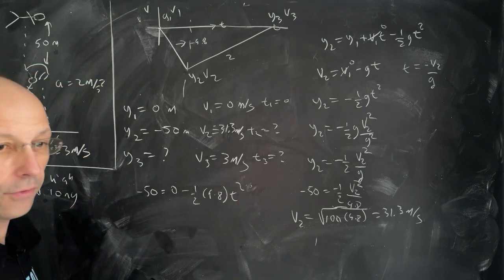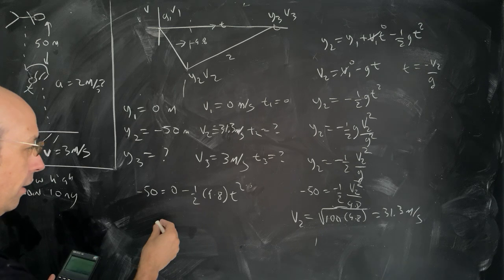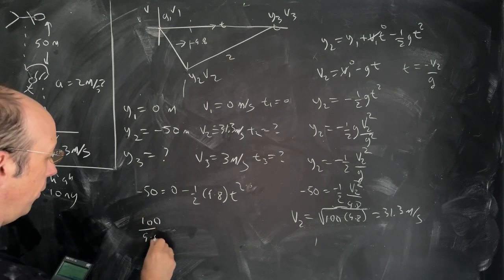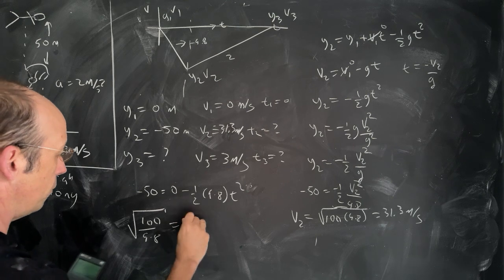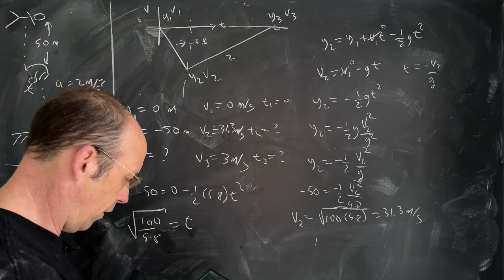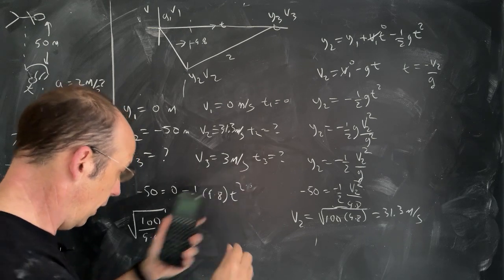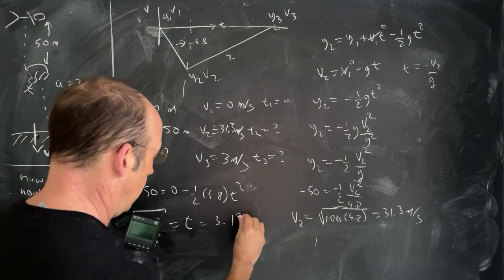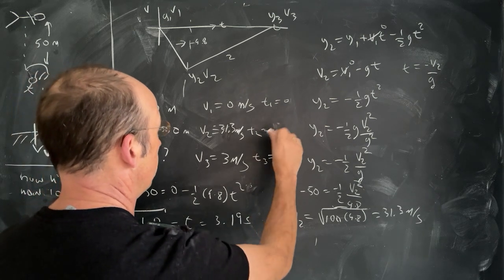Okay, well, I made it more difficult than it had to be. Sometimes you do that, and that's fine. So I get the square root of 100 over 9.8 equals t. So 100, enter, 9.8 divided by, square root. I get 3.19 seconds. So that's this time right here.